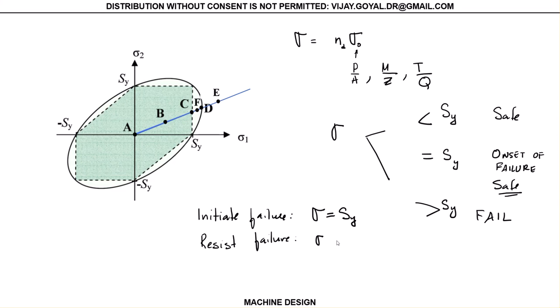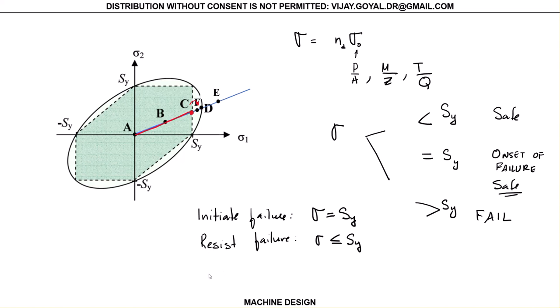We know it's not going to fail if it's less than sigma yield, and it's not going to fail if it's equal to sigma yield, because the terminology we are using here is you're just going from point A, less than, to point C, so at this point, the point is included. It's saying any load or other dimension that would take my point to the right-hand side will make it not safe.